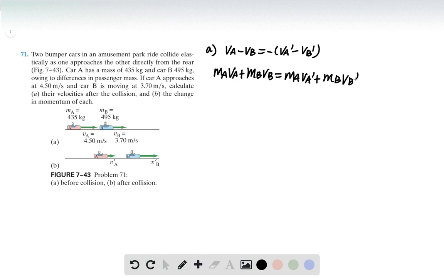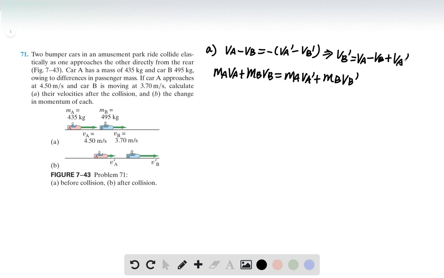And we have two formulas and two unknowns, VA prime and VB prime. So the first step is always to use the first formula to cancel one of the unknowns in the second formula. So here I will express VB prime in terms of the rest of the quantities. VB prime equals VA minus VB plus VA prime.